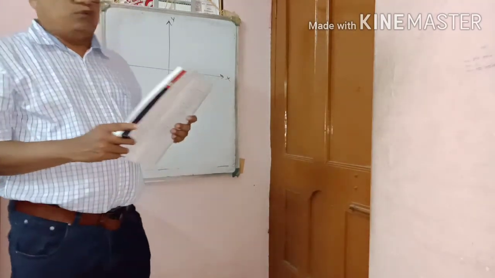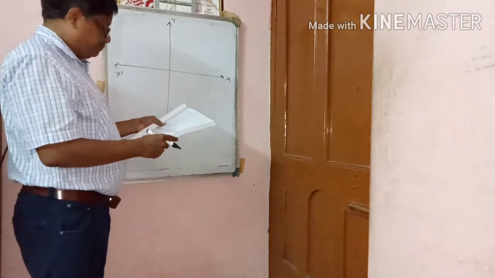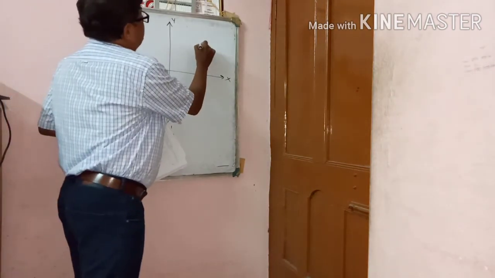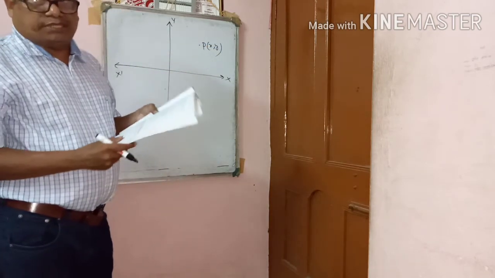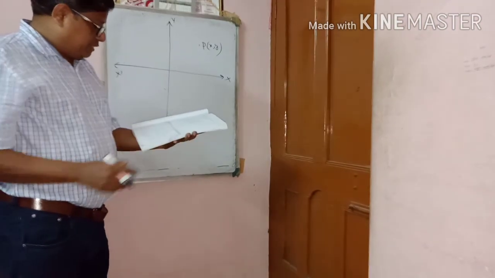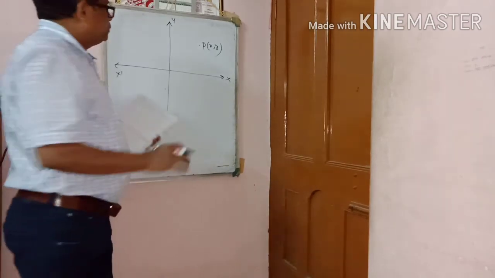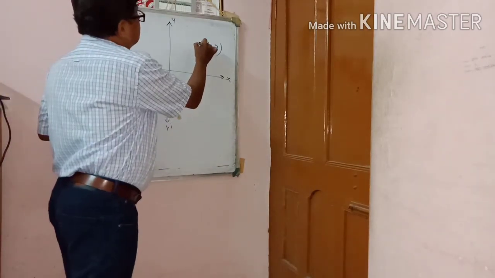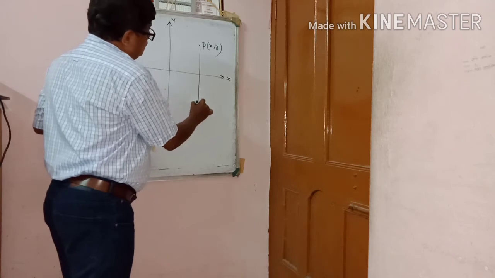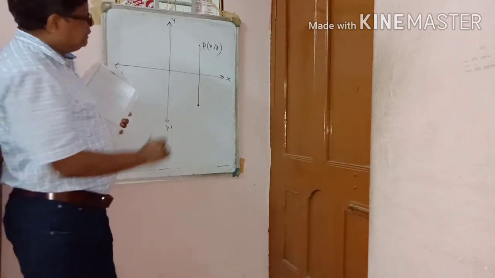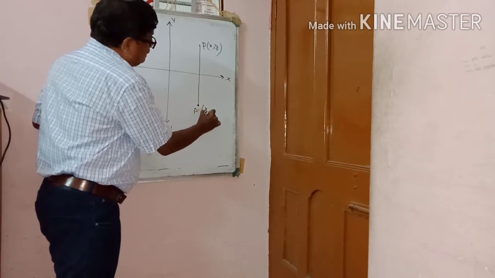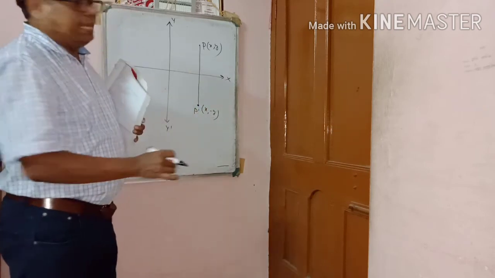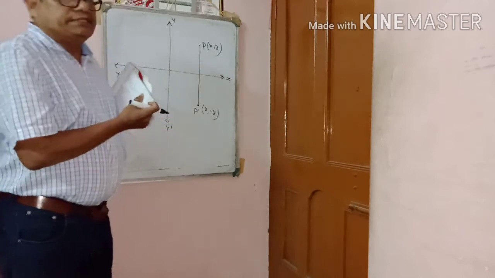If it is x-axis reflection, x has no change, so P dash is (x, minus y), and this is given.